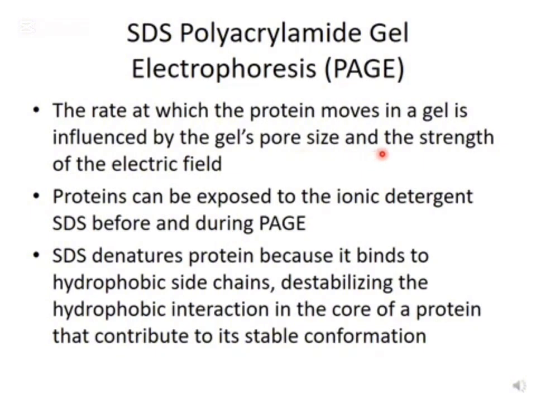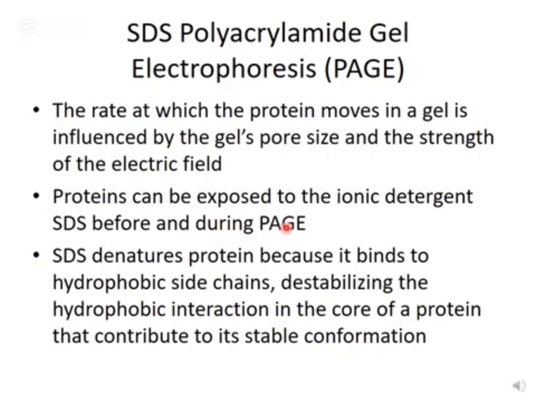And the strength of the electric field is the other factor, and the stronger the electric field is, of course, the greater the force by which the protein is pushed through the gel, so that would make its movement through the gel faster.